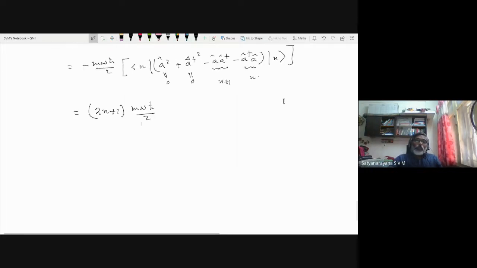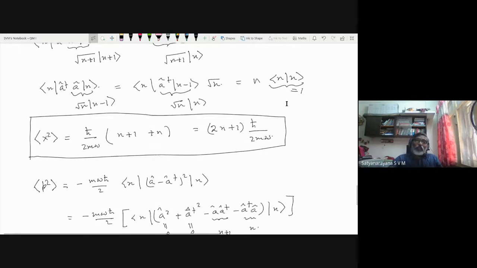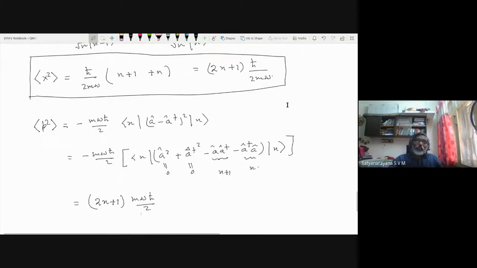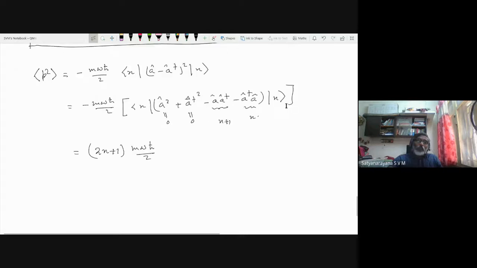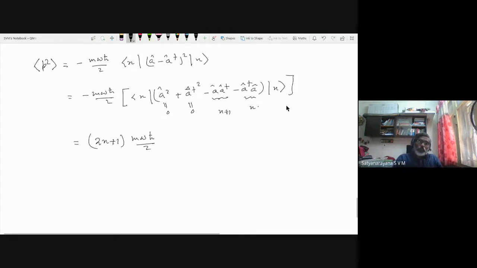So what we have here is ⟨x²⟩. But remember, this is the same as (Δx)². So (Δx)² into (Δp)² is actually equal to ⟨x²⟩ into ⟨p²⟩. In general this is not true, but in this case it is like that.